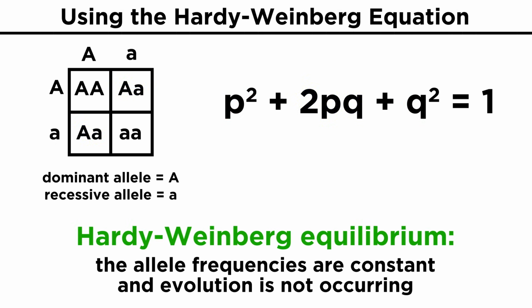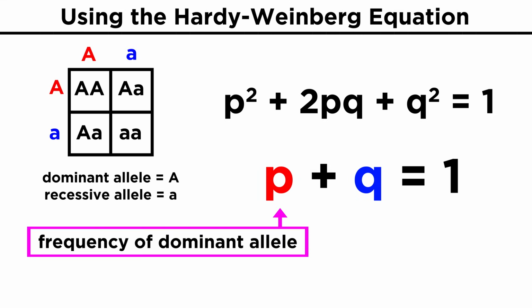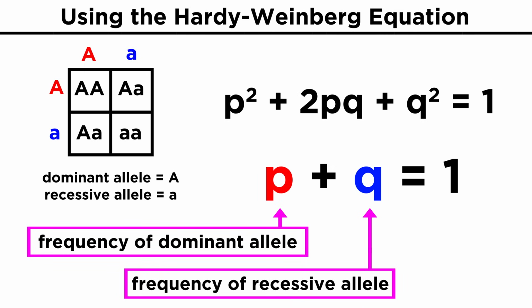When evolution is not occurring, all alleles and genotypes will reoccur with the same frequency, a situation we call Hardy-Weinberg equilibrium. For a particular trait with a dominant and recessive allele, we represent the frequency of the dominant allele with a P, and the frequency of the recessive allele with a Q. So P plus Q will equal 1.